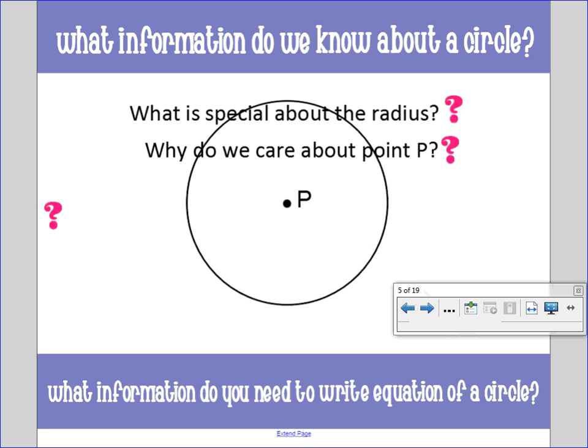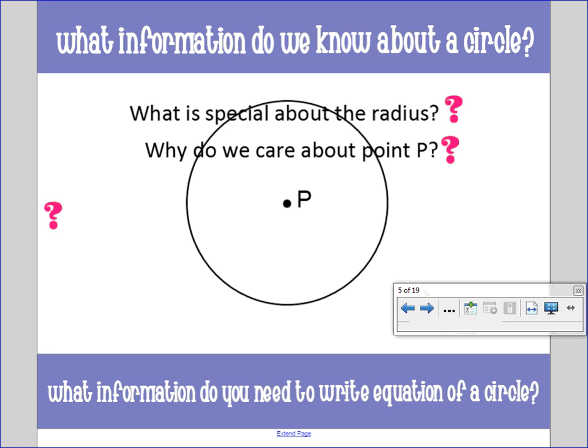Why do we care about point P? Alright, so it's my center. Again, with my definition, it said that a circle is a set of points that are all a fixed distance, which is my radius, from the center.